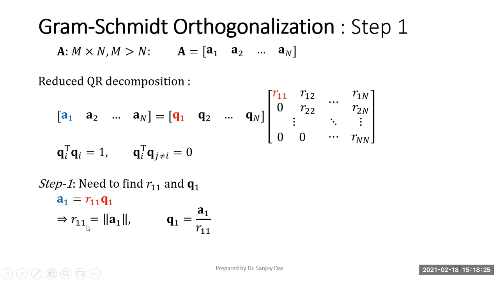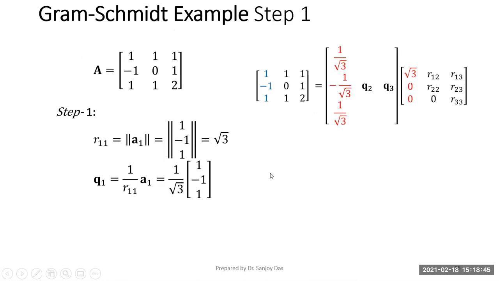So once I have R11, I divide A1 by R11, and that gives me Q1, right? A1 is known. So now from these two expressions, I have determined Q1 and R11. Are you guys with me? Yes. Well, there's an example.